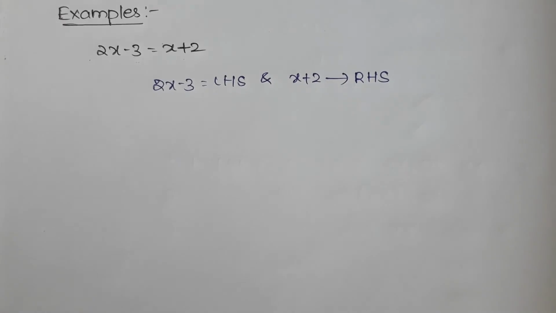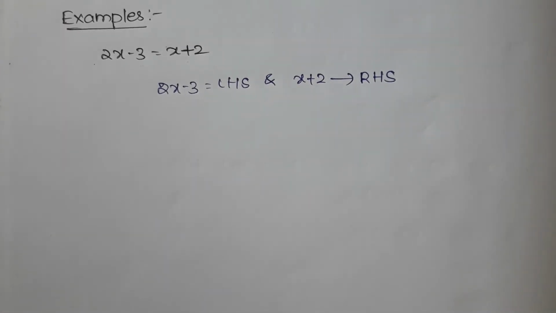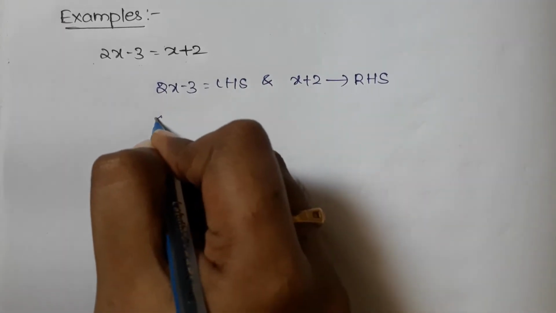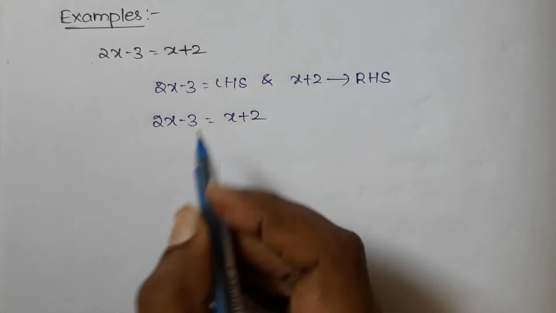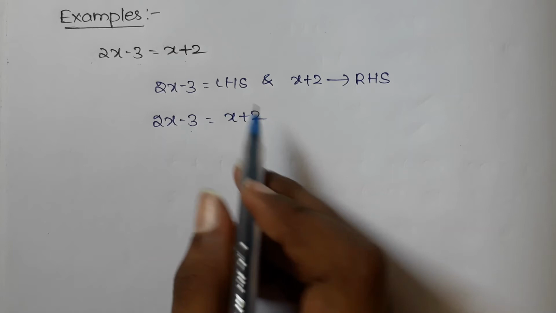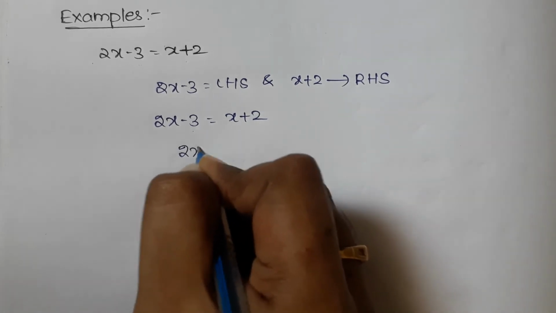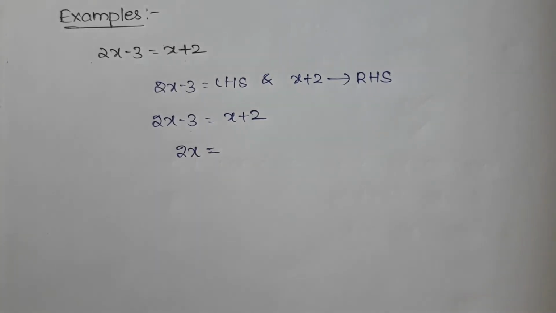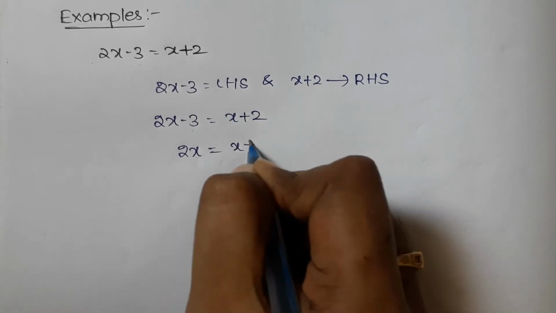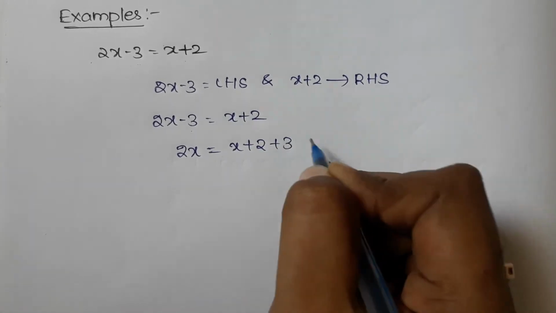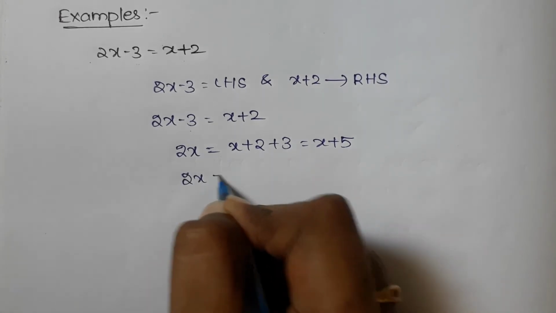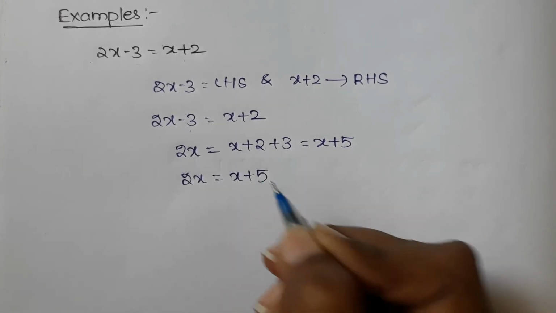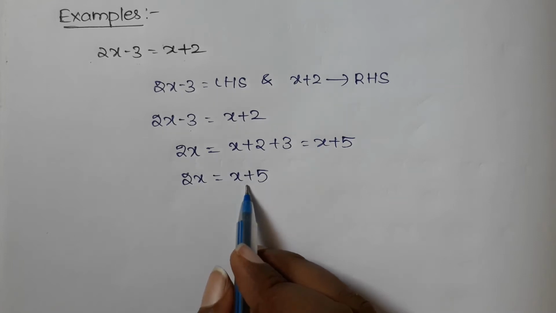Now we have to solve this equation: the 3 is taken to the RHS, so 2x equals x plus 2 plus 3, that equals x plus 5. Now the equation is 2x equals x plus 5.